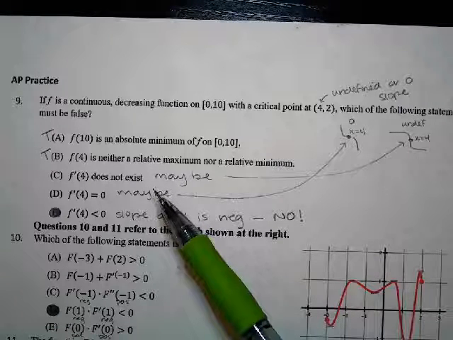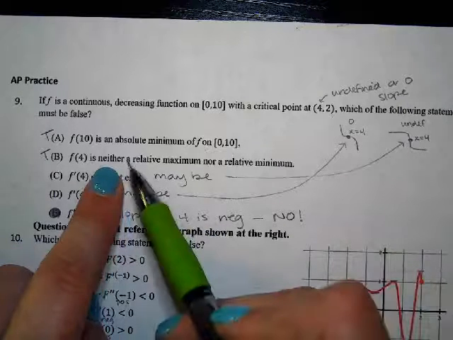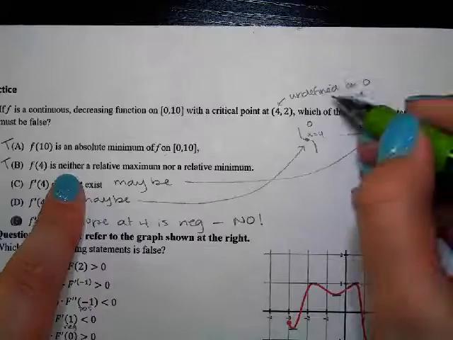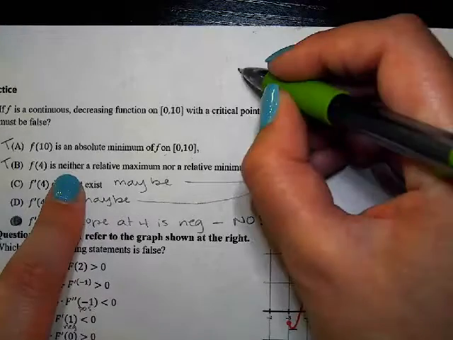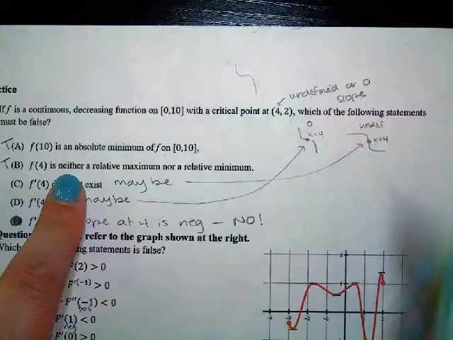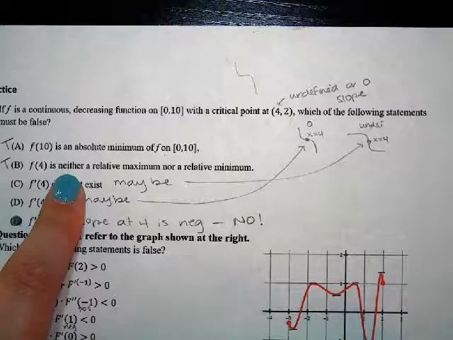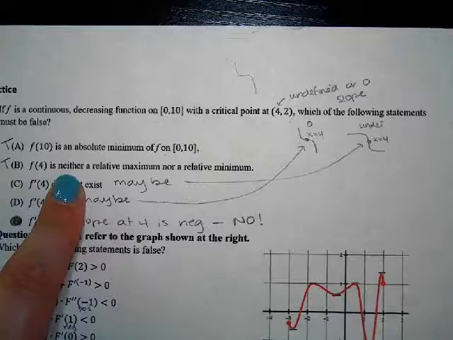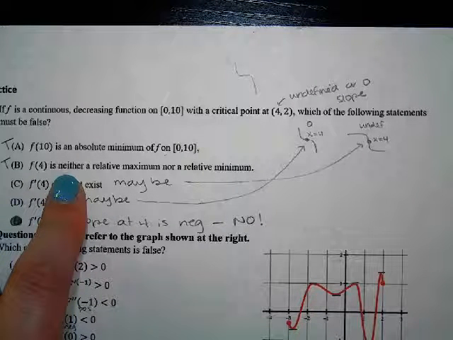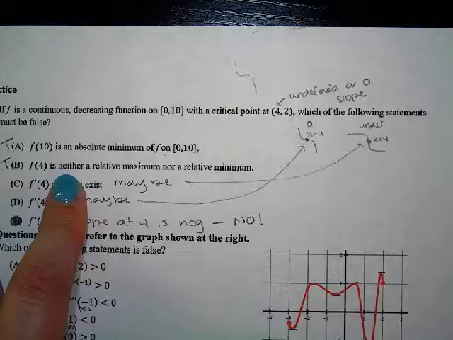So for this to have an undefined or a 0 slope, and be decreasing the whole time, it would have had to go down, 0 out, keep going down. So we can have that 0 slope in there, but for it to be decreasing the whole time, it can't have been a maximum or a minimum. Does that make sense? So that's why I wrote true next to that one.